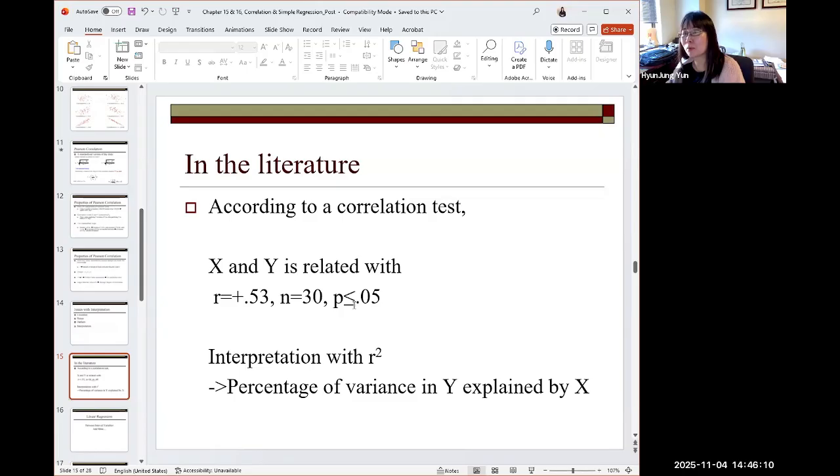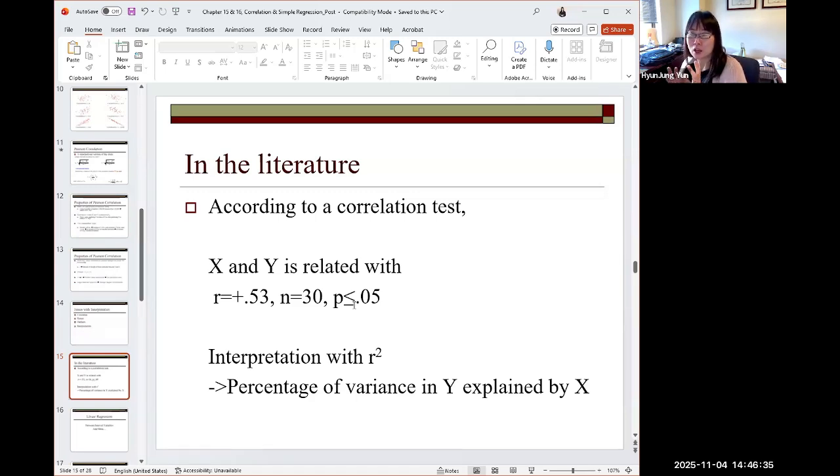And then you have an exact p-value from the distribution table.